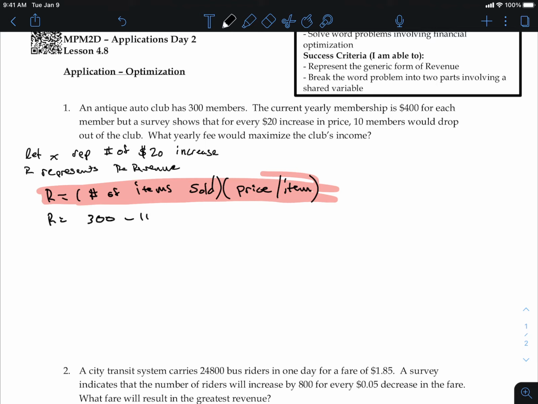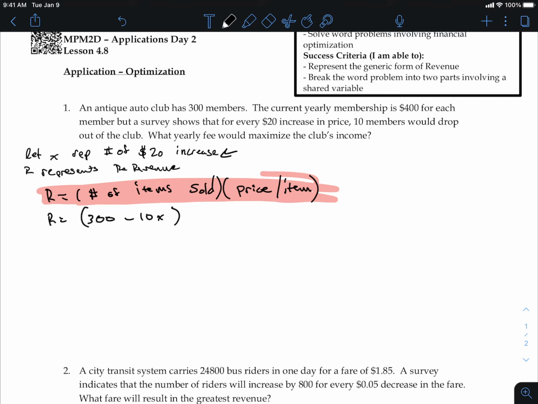So minus 10x, because x represented the number of $20 increases. So every time I increase the price by $20, I lose 10 people. That's your number of things sold, because you're not selling memberships to those 10 people anymore. You've lost them. Is that okay?